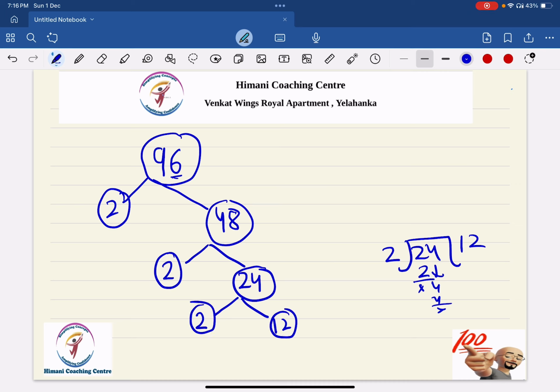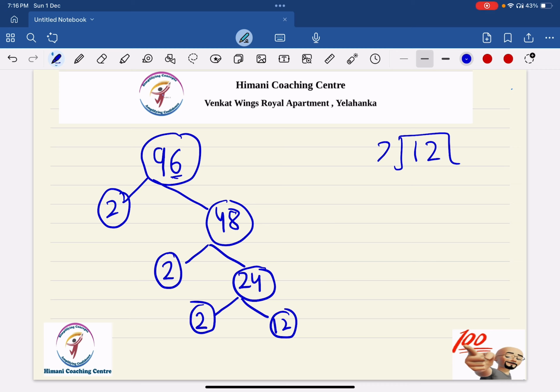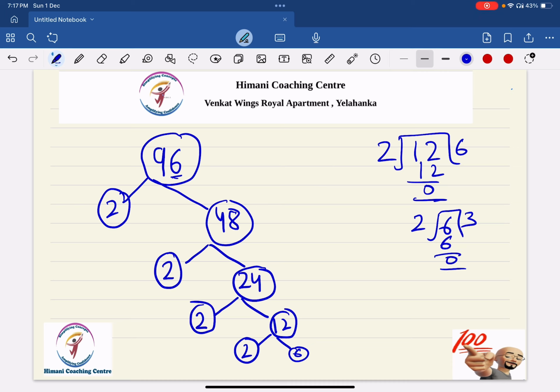Then what is the unit digit of 12? Even number. So 2 times 6 is 12. So we write 12 as 2 and 6. Then you divide 6 again by 2, you get 2 threes are 6. So that is our final 2 times 3.